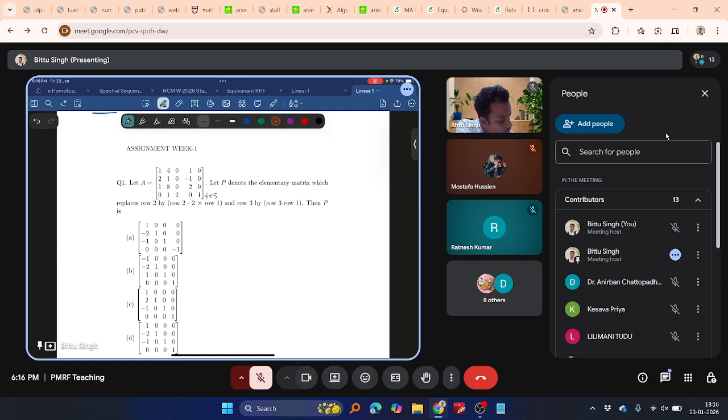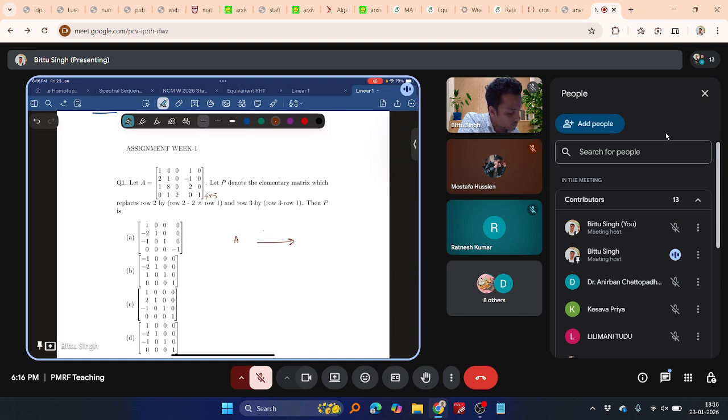Now let P denote the elementary matrix which replaces row 2 by row 2 minus 2 times row 1. Okay, so what we are doing: given a matrix A, we are applying some row operation.